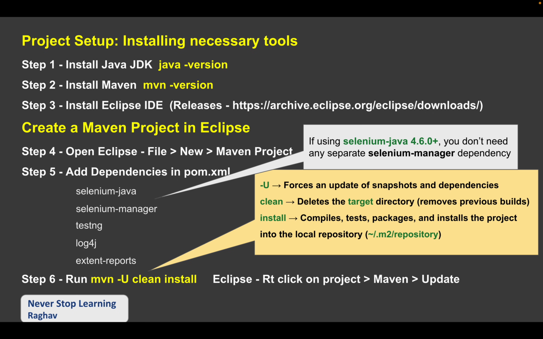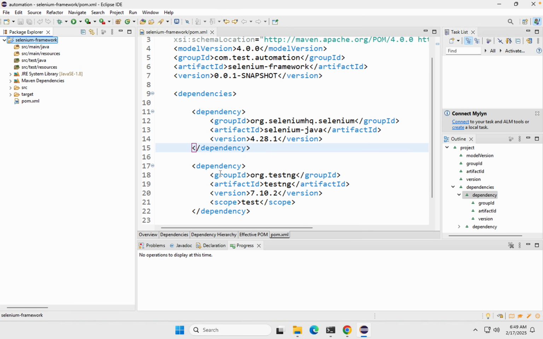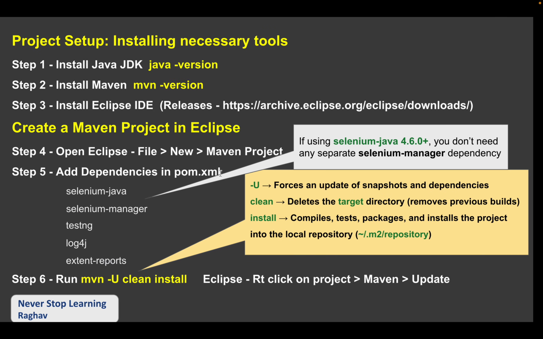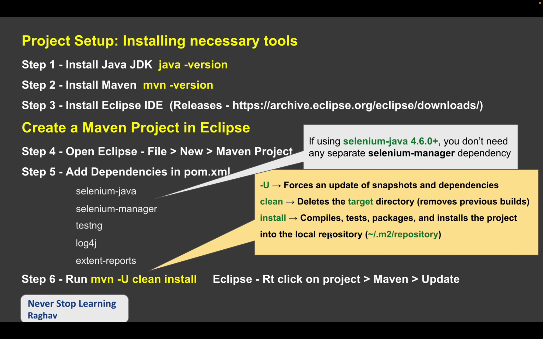Then install will compile and install the project into the local repository, which is .m2. In your system there is a .m2 repository where all the Maven dependencies go. So this command will do a clean install of your project and all the libraries there.